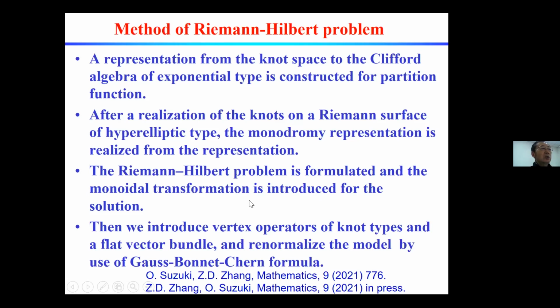So in this way, we trivialize the knots in the high space, which is just my conjecture one. Then we introduce a vortex operator of knot type and a flat vertical bond, and renormalize the model by using the Gauss bonded chain formula.